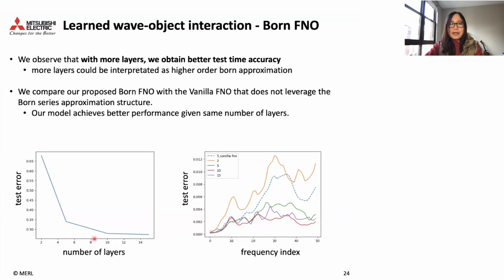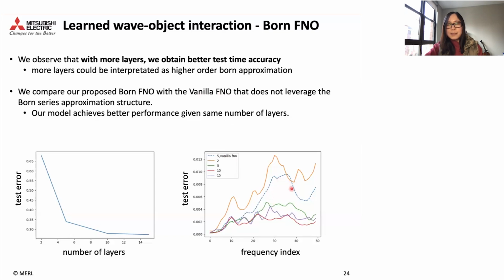And we see that error is actually going down, and it kind of quite converged around 10 layers. And here we compare our modification to the Fourier neural operator without our modification. We call that vanilla FNO.